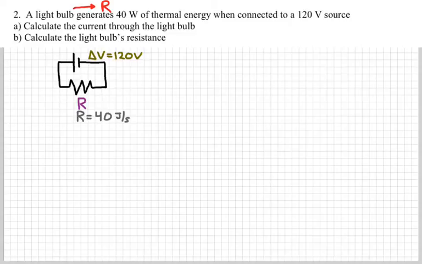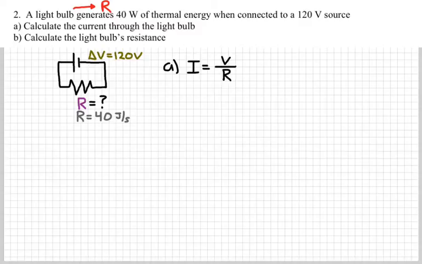Again, the first thing we're asked to do is figure out the current through the light bulb. So I could use Ohm's law, like I equals V over R. The problem with that is that R is an unknown.